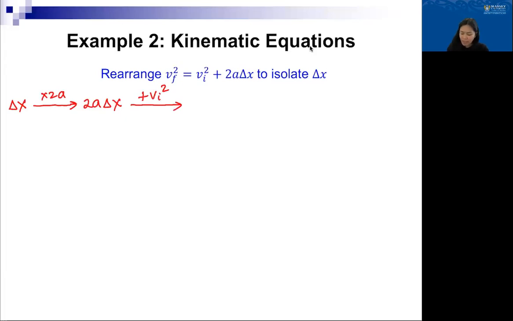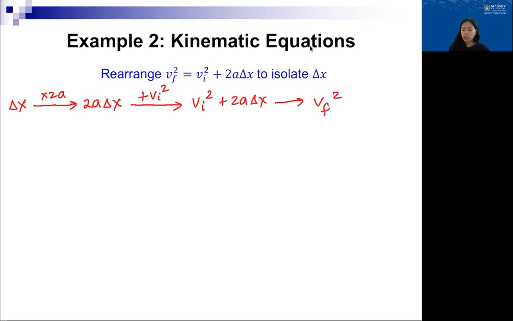So if I added vi squared to 2a delta x, I would have vi squared plus 2a delta x. Comparing what I've built, I've now built vi squared plus 2a delta x, and that's equal to vf squared. So this is equal to vf squared. Right? So you've built up your equation.